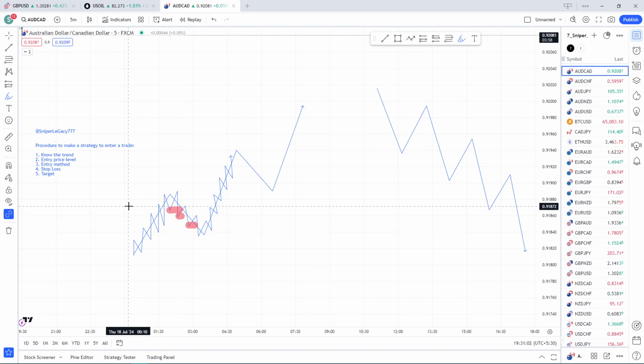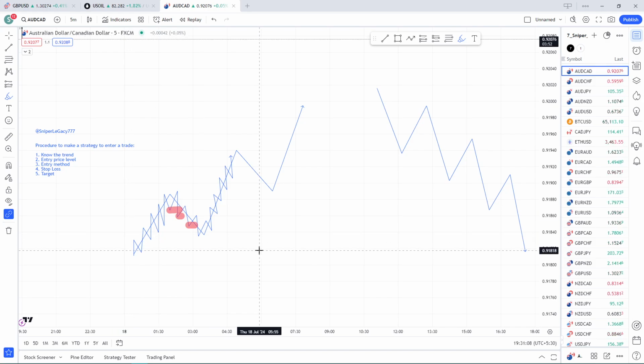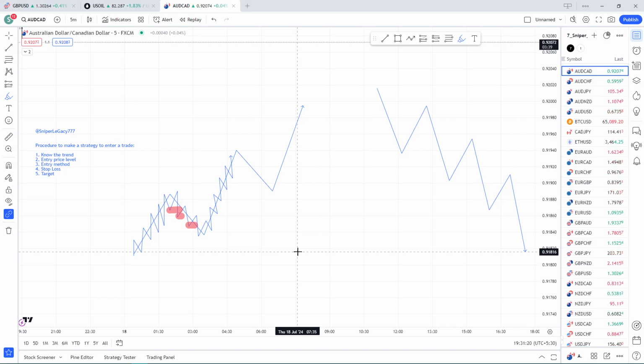This stop loss and target is not set after entering a trade. We should know even before entering the trade what our target and stop loss are. So these are the 5 steps that we need to consider while entering a trade. Based on these steps, we can consolidate strategies to trade the market.